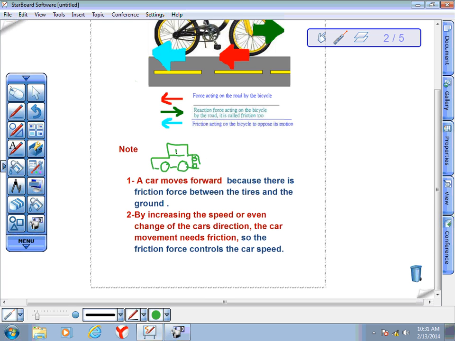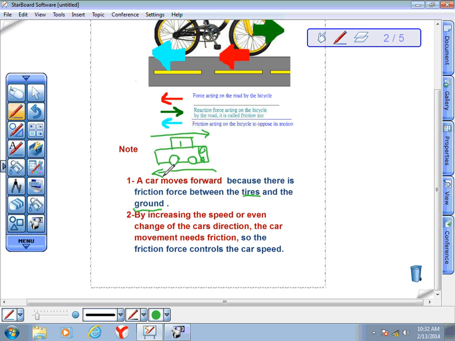We found that the car moves forward because there is a friction force between the tire and the ground, like this, Primary 5. This is the direction of movement, and this is the direction of friction.